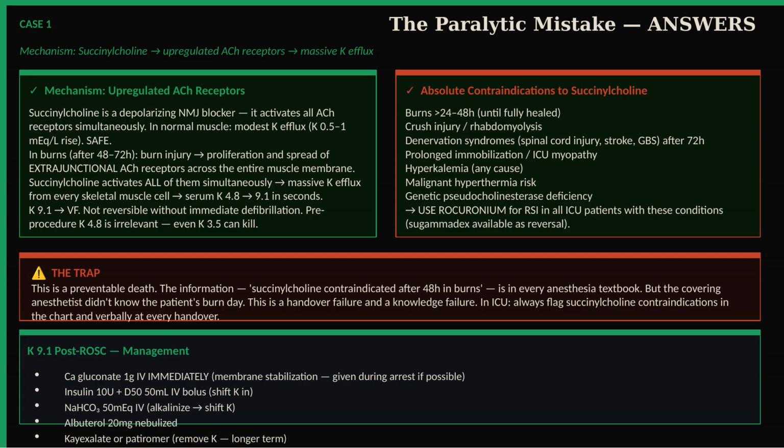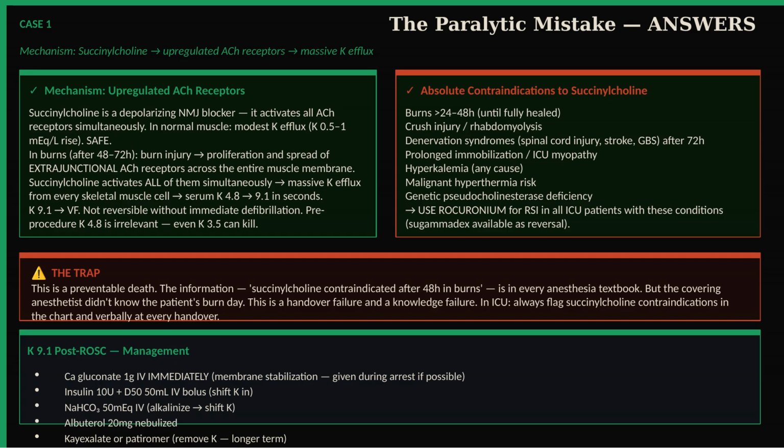But a burn injury, after about 48 to 72 hours, triggers proliferation of extrajunctional acetylcholine receptors that spread across the entire muscle membrane, not just the junction. So now, succinylcholine opens channels across the whole surface of every skeletal muscle cell at once, and potassium floods out. 4.8 to 9.1 in seconds, straight into VF.